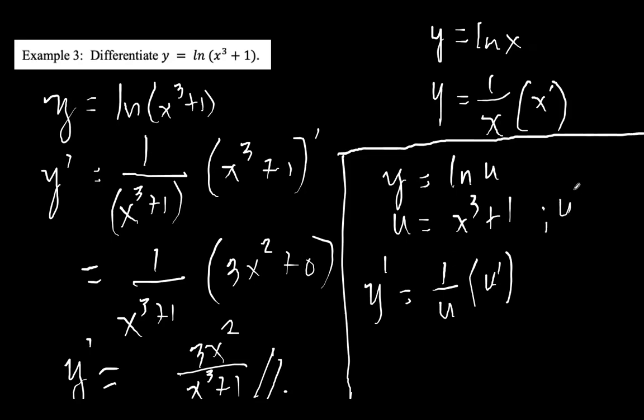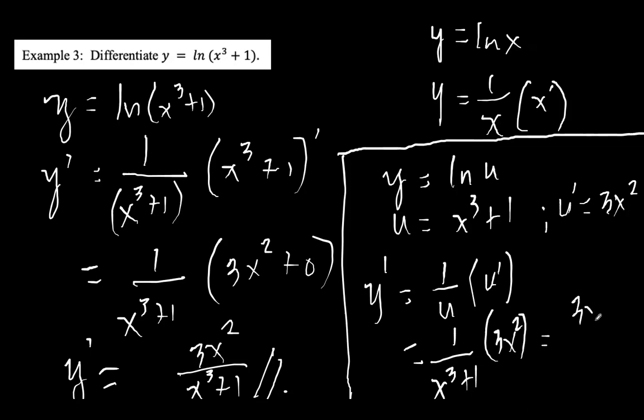And here, the derivative of u, or u prime, is equal to 3x squared, correct? Here we go. So let's substitute 1 over u, which is x cubed plus 1, times u prime, which is 3x squared. So this is equal to 3x squared over x cubed plus 1. So we got the same answer, all right, this answer and this answer.